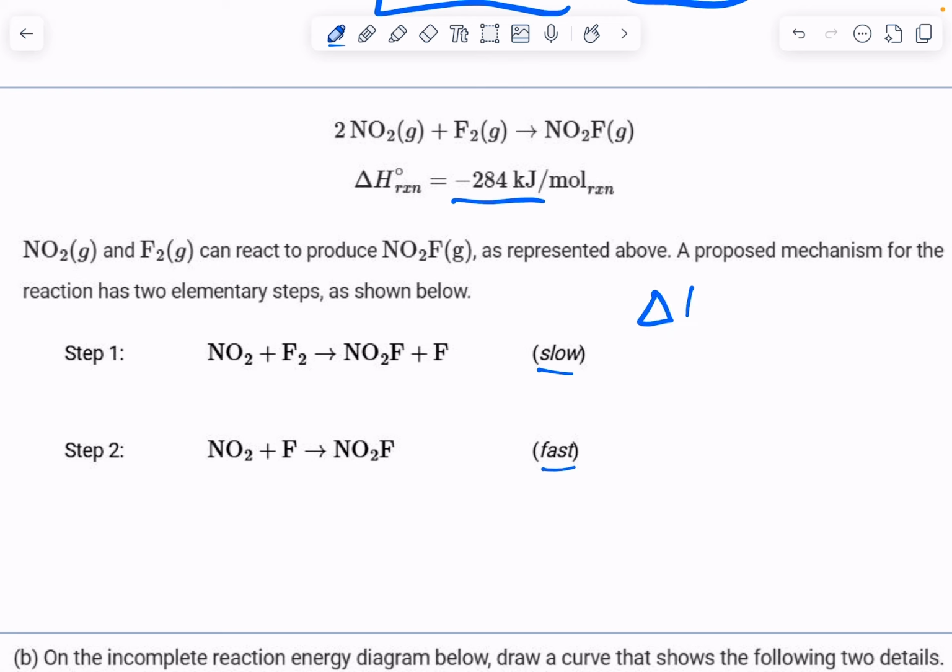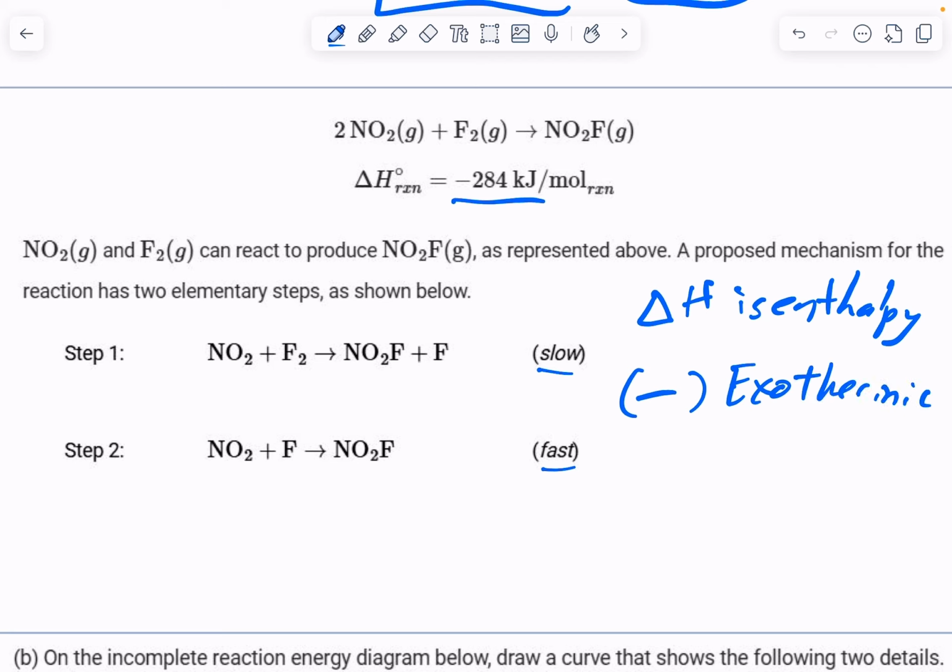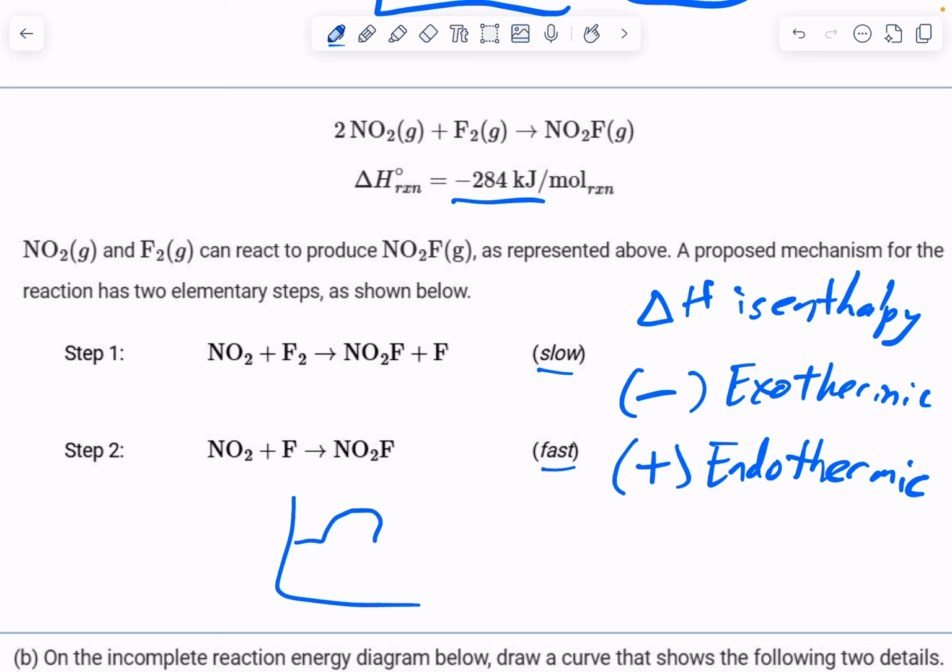Remember, delta H is enthalpy, and if it's negative, it's exothermic. And if it's positive, it's endothermic. If it's exothermic, the overall curve should go under the starting point.